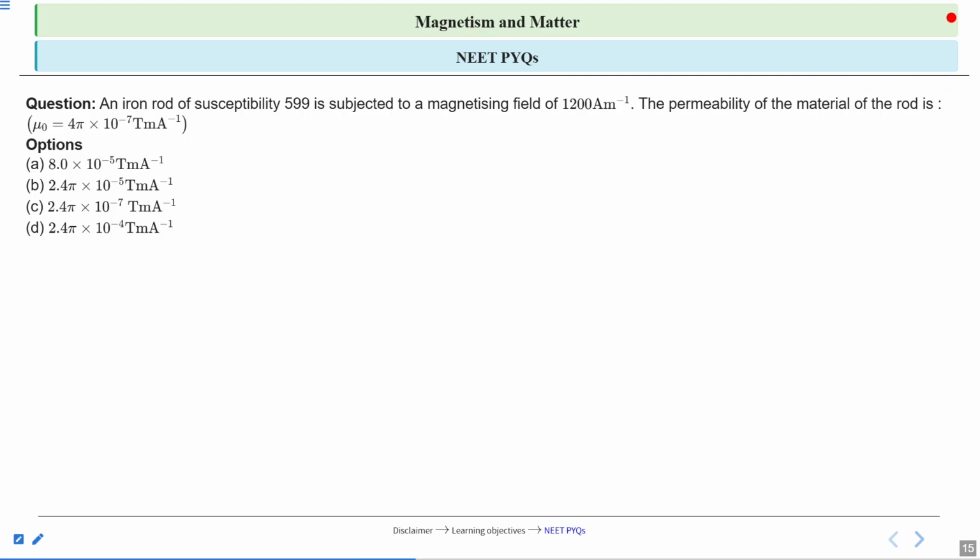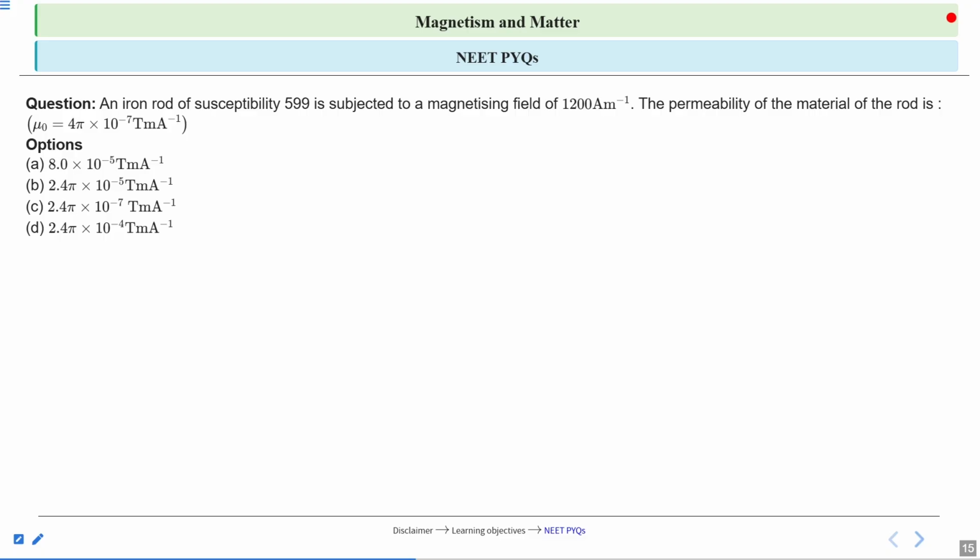Next question. An iron rod of susceptibility 599 is subjected to a magnetizing field of 1200 ampere per meter. The permeability of free space is mu naught equal to 4 pi into 10 to the power minus 7 Tesla meter per ampere. Options: A, 8 into 10 to the power minus 5; B, 2.4 pi into 10 to the power minus 5; C, 2.4 pi into 10 to the power minus 7; D, 2.4 pi into 10 to the power minus 4 Tesla meter per ampere.